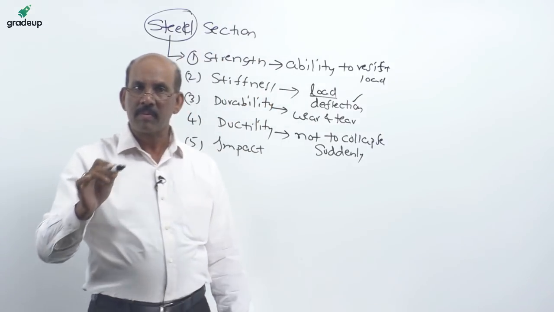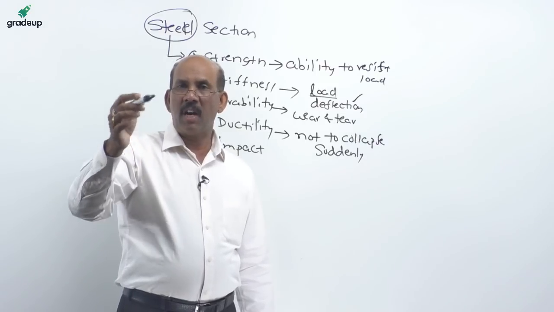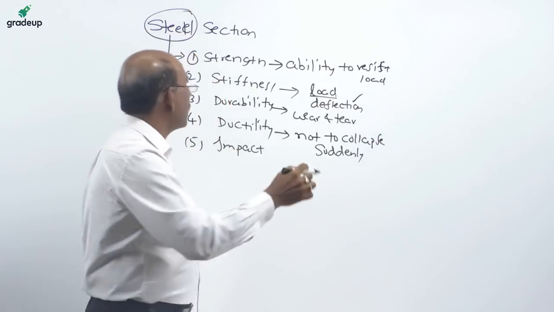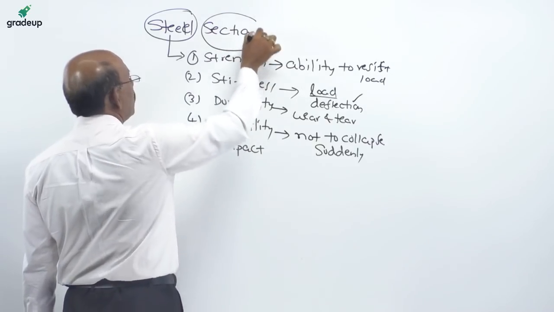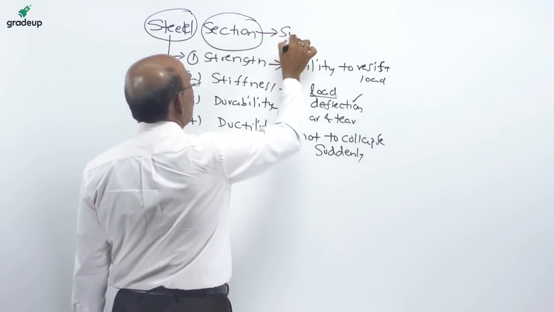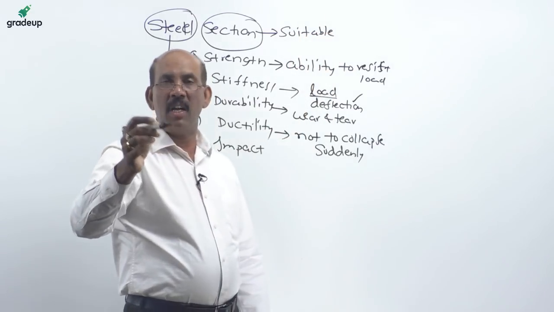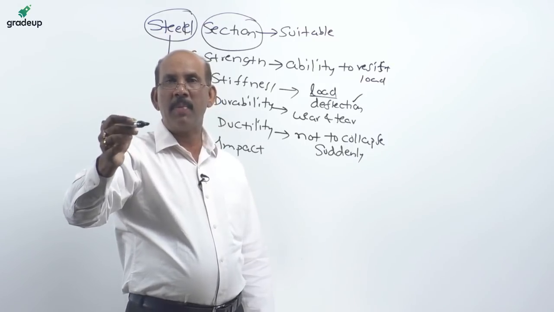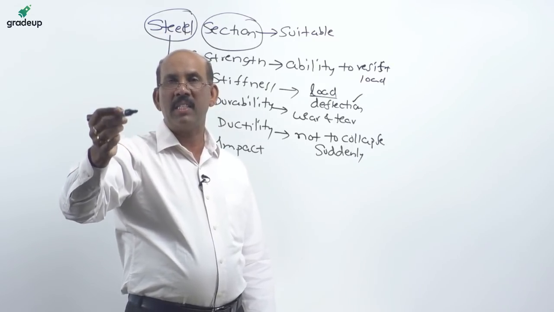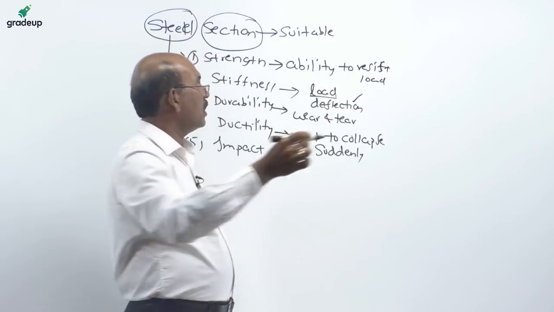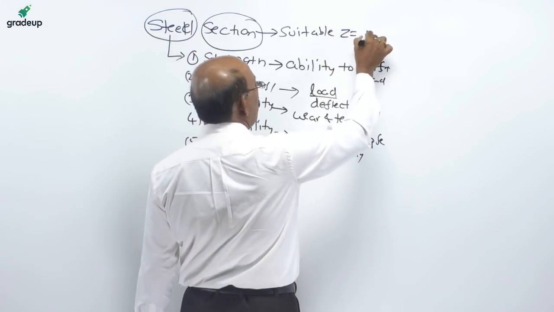Coming to the calculations of these particular sections, the suitable section is to be decided. In steel design, we are going to calculate the sectional property, the section modulus, that is Z = M/F.